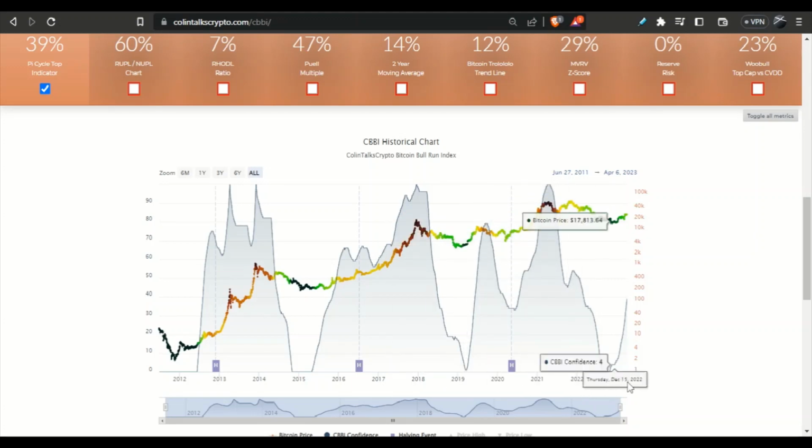So from a similar scenario here, since we started at the very bottom of 1 here, and here we started at the very bottom of 0, we still have a long way to go at minimum 64 or 65 or 66, or even if we want to go even lower, we have like the 50 areas. But again, we're not even close to the 50 areas. We're still at the 39. So we have a lot of room to go on this indicator alone.